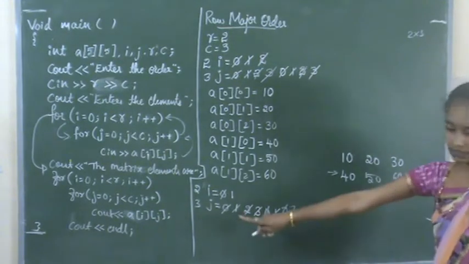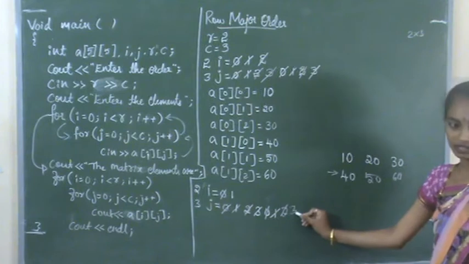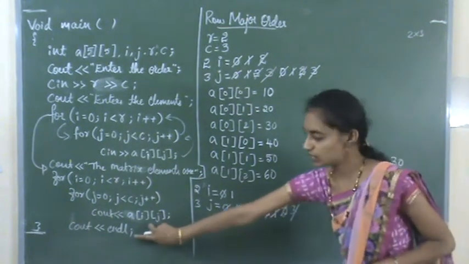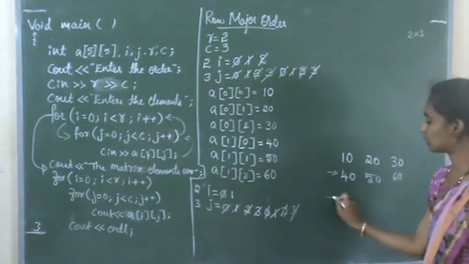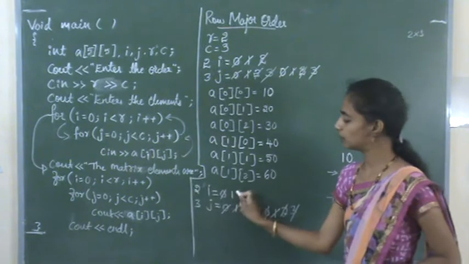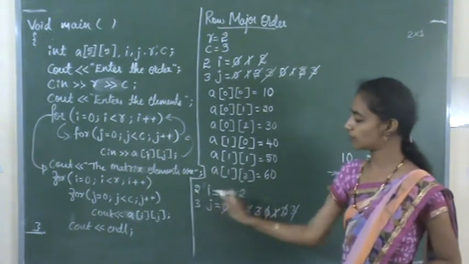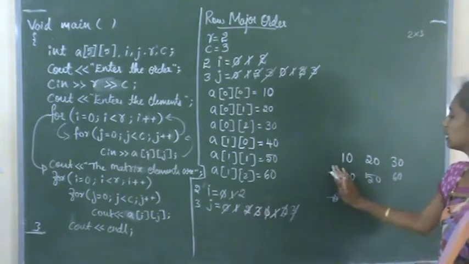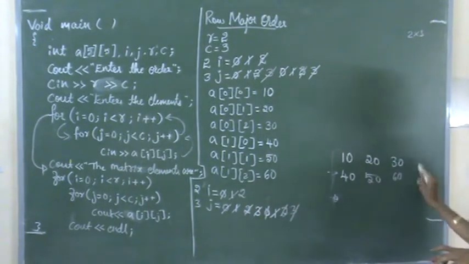Again it will increment the j value. J value becomes 3. 3 less than 3, false. It will come here, and the cursor will come to the next line. So again go back to the for loop, increment the I value. So I value becomes 2. 2 less than 2, false. So finally we will get this as an output for row major order.